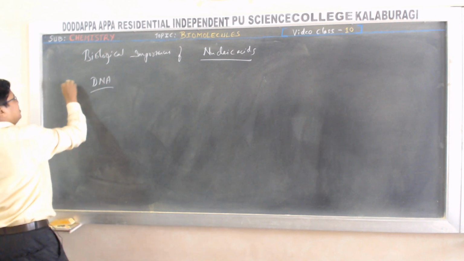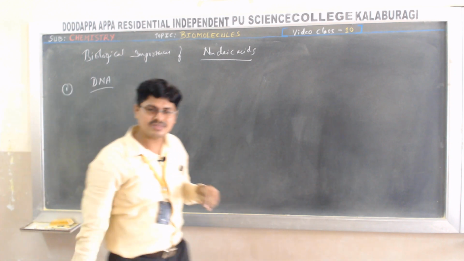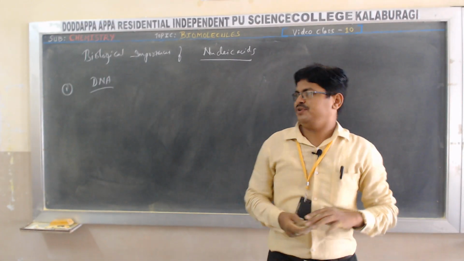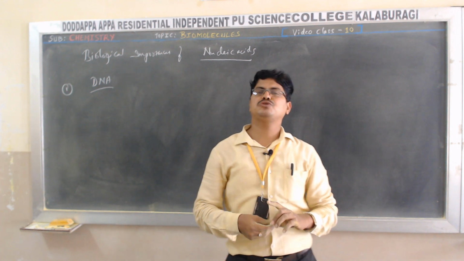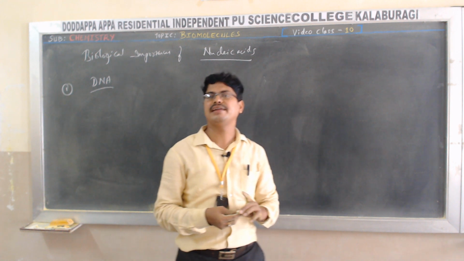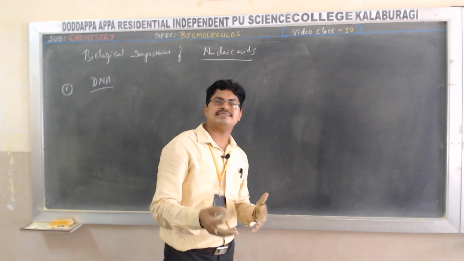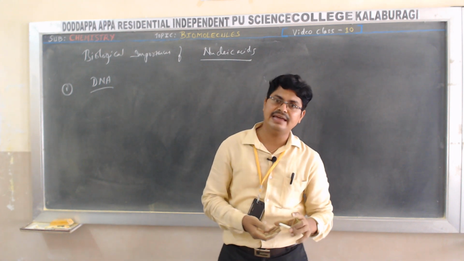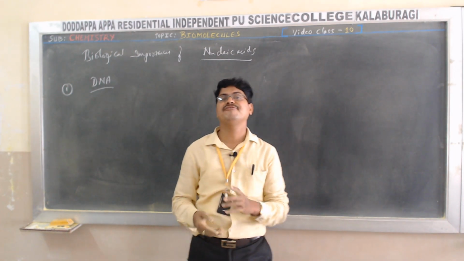First, let us focus on biological importance of DNA. As we know, deoxyribonucleic acid helps to control and direct synthesis of RNA, and indirectly it controls and directs synthesis of protein.